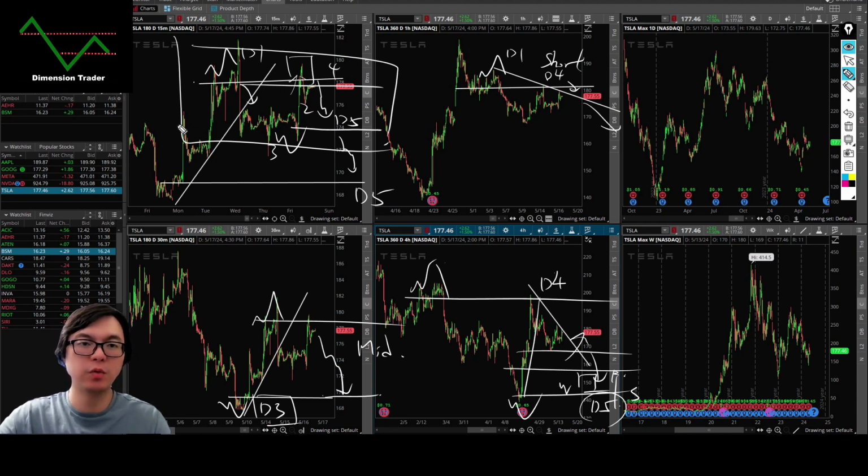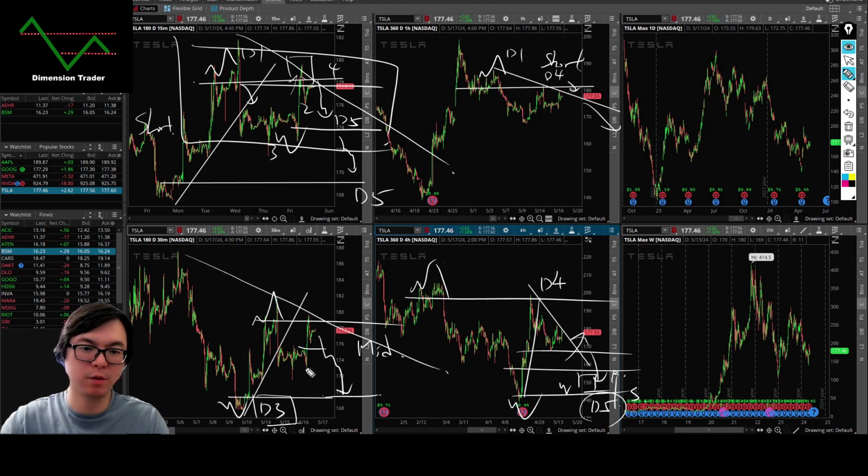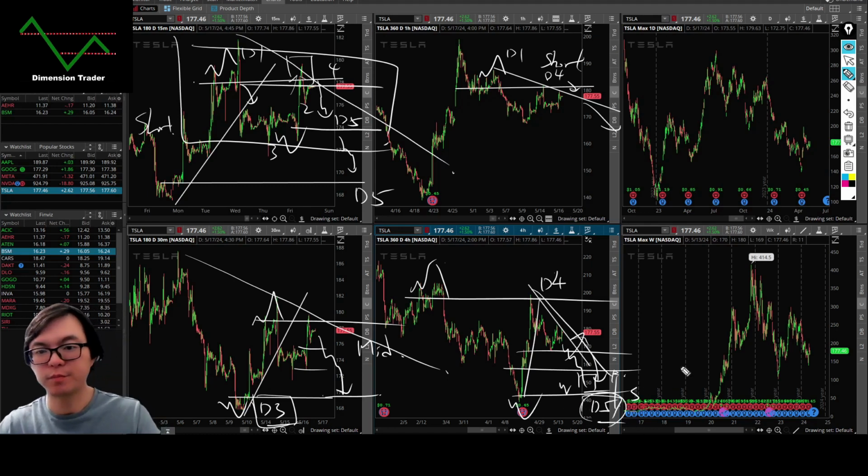Okay, back to the Monday expectation. Short term could be short as long as we have the trend line holding. Midterm, if the trend line holds and the resistance and support are broken down, we are expecting it to come down to the dimension 3. As a long term, we are expecting more short if the trend line is respected, down to dimension 5.